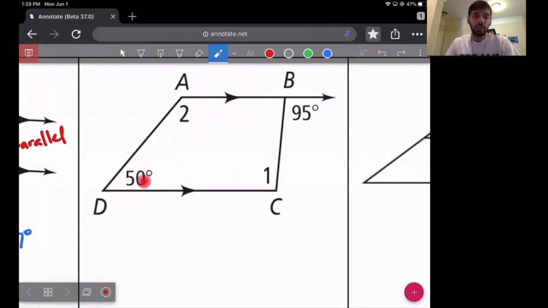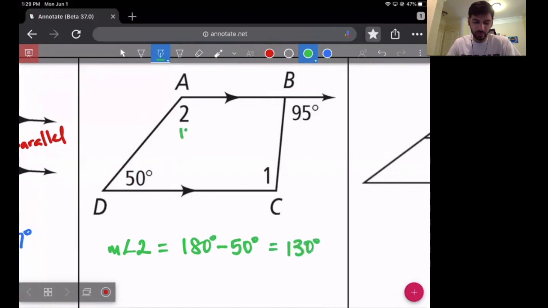So angle A and angle D, since they are interior angles of two parallel lines, are going to be supplementary to each other. They're also going to add up to 180. So the measure of angle 2 is 180 minus 50 degrees, which is going to be equal to 130. So angle 2 is 130 degrees.